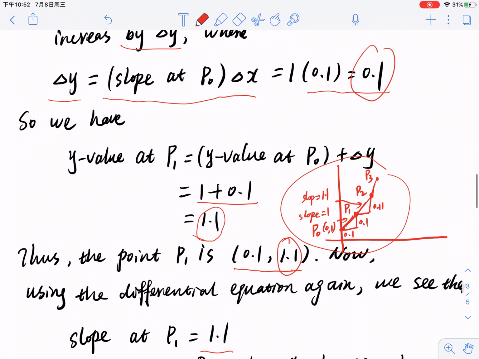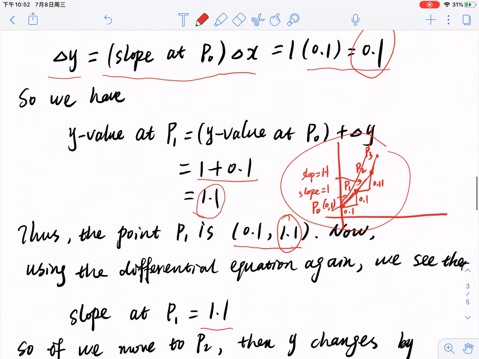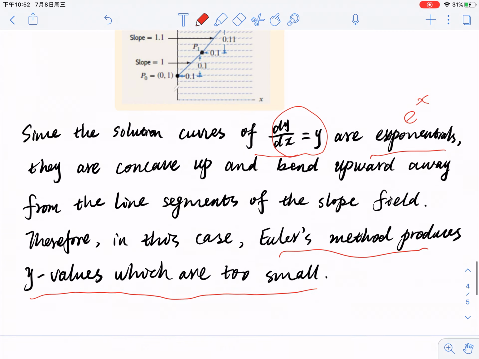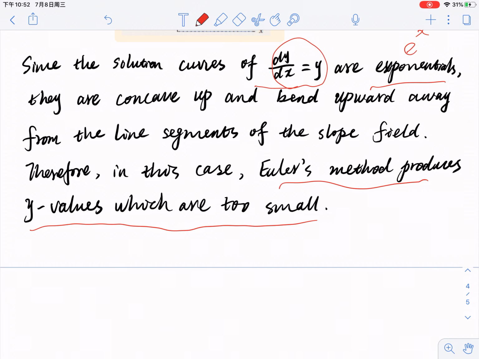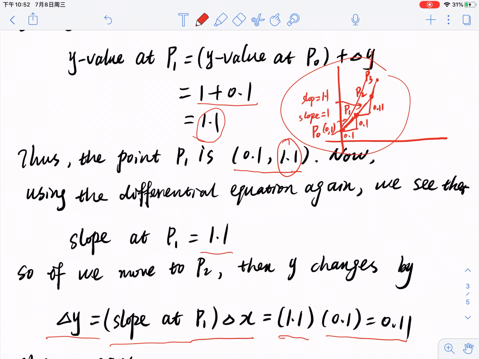The solution curve is the exponential. So Euler's method provides smaller y values. And you see the coordinates. You see the points P0, P1, P2 are below this exponential curve.